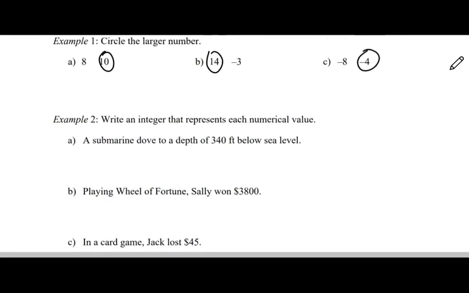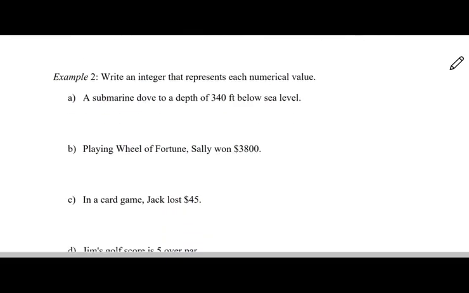Okay. Representing integers in real life, you are going to try to imagine the situation and then place them either on the number line or make sure that it makes sense to you. So write an integer that represents each numerical value, meaning is it going to be positive or negative? A submarine dove to a depth of 340 feet below sea level.